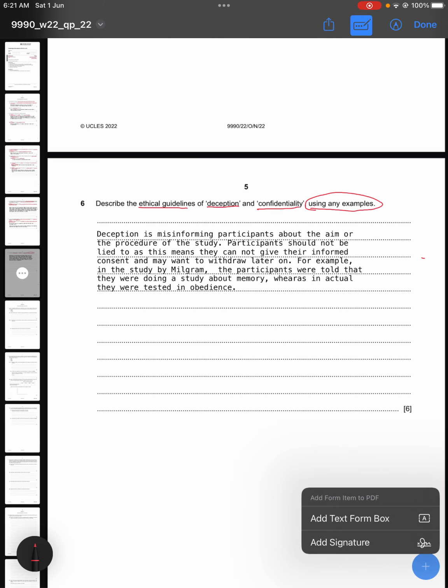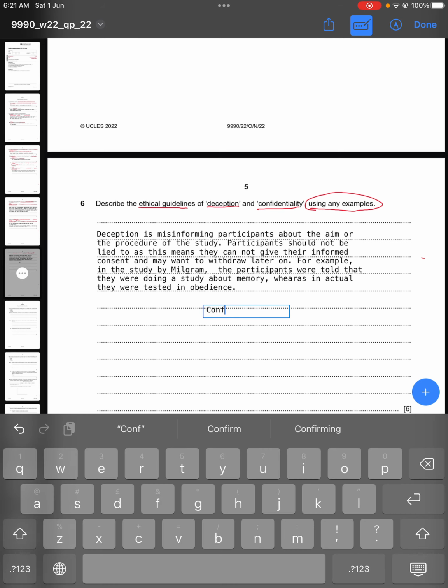And now for confidentiality. Confidentiality refers to ensuring that participants' information is anonymous and will not be made public.